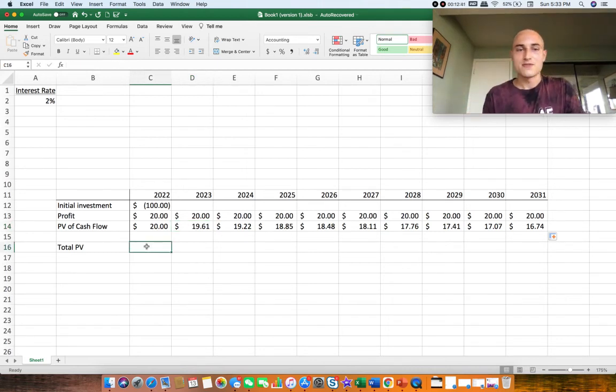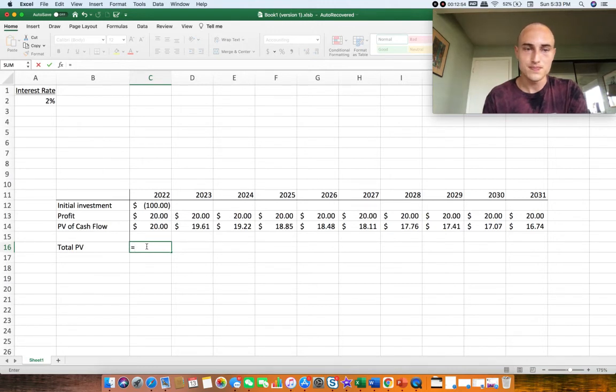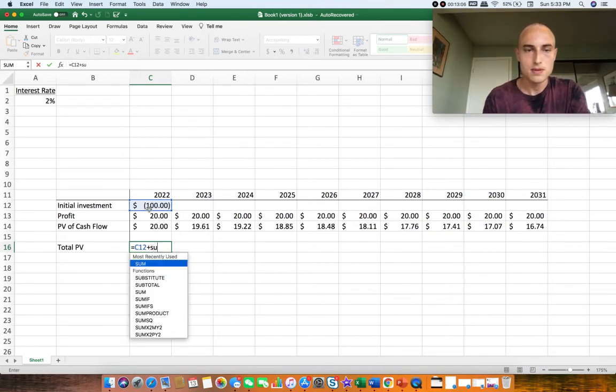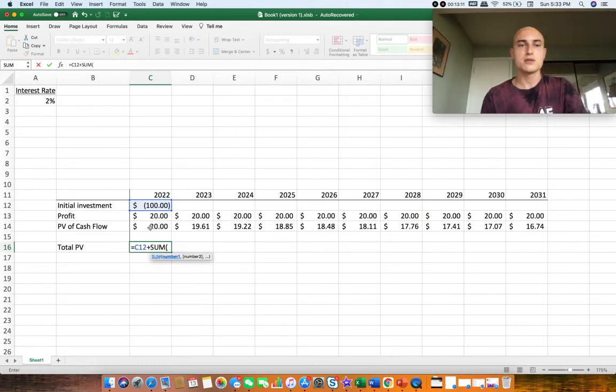Now, our job is to find out if all of those cash flows in terms of present 2022 dollars outweigh that initial $100 investment. So let's set up our formula for the total present value of the investment. This is going to equal our initial investment, minus, plus the sum of the present value of all of these cash flows.